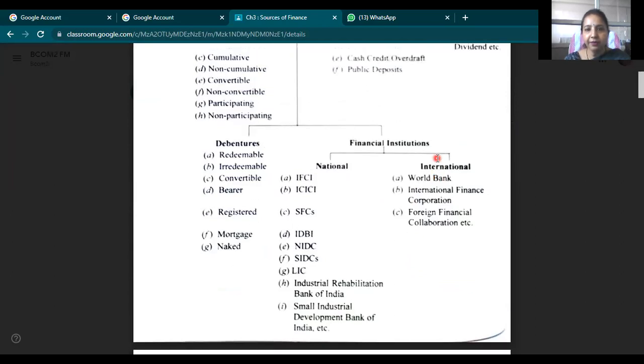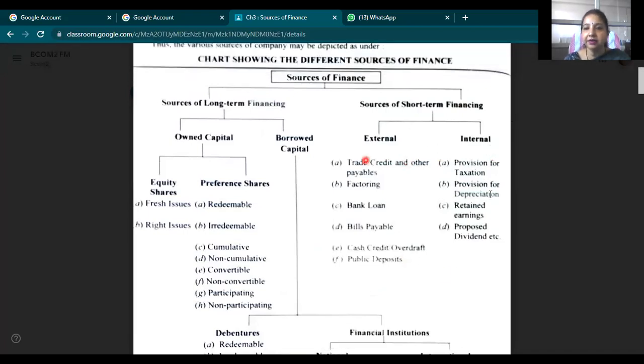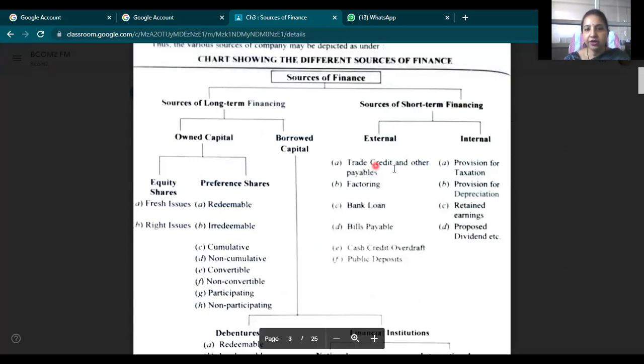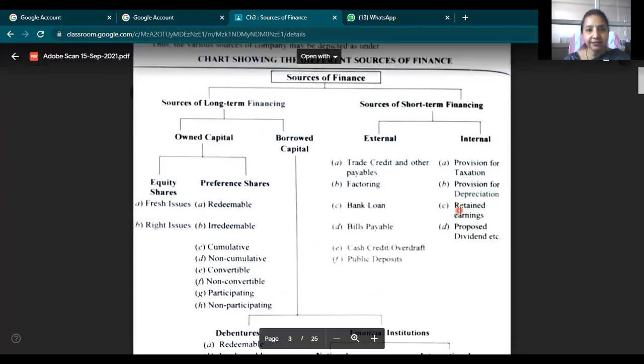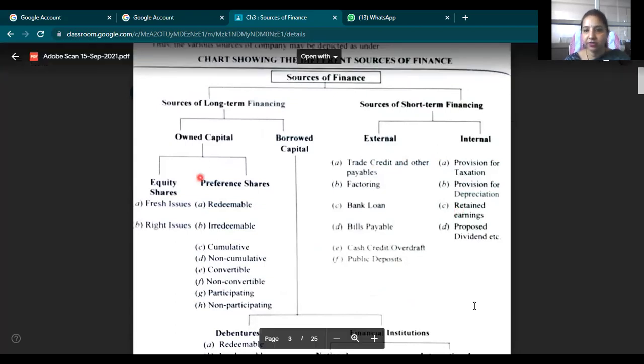Then we'll be talking about short term. Short term will have both external and internal, and we have discussed all these external and internal sources in our previous video: trade credit, factoring, bank loan, bills payable, cash. The students who were present in yesterday's meeting know that we have already covered all these points.